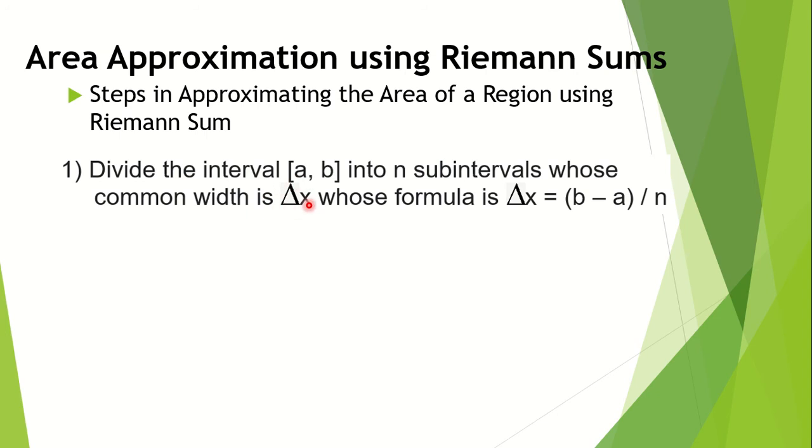Delta x is the width of the rectangles, and the formula for delta x is the quantity b minus a, divided by n.